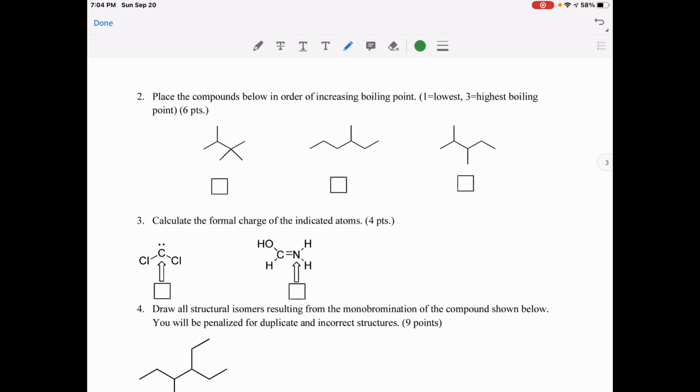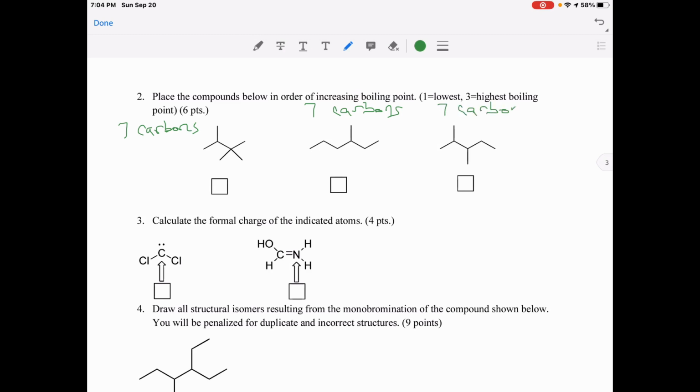So let's examine this. For the compound on the left, how many carbons do we have? We have 1, 2, 3, 4, 5, 6, 7. We have 7 carbons for the one on the left. 1, 2, 3, 4, 5, 6, 7. 7 carbons in the middle as well. And on the right we have 1, 2, 3, 4, 5, 6, 7. 7 carbons as well.